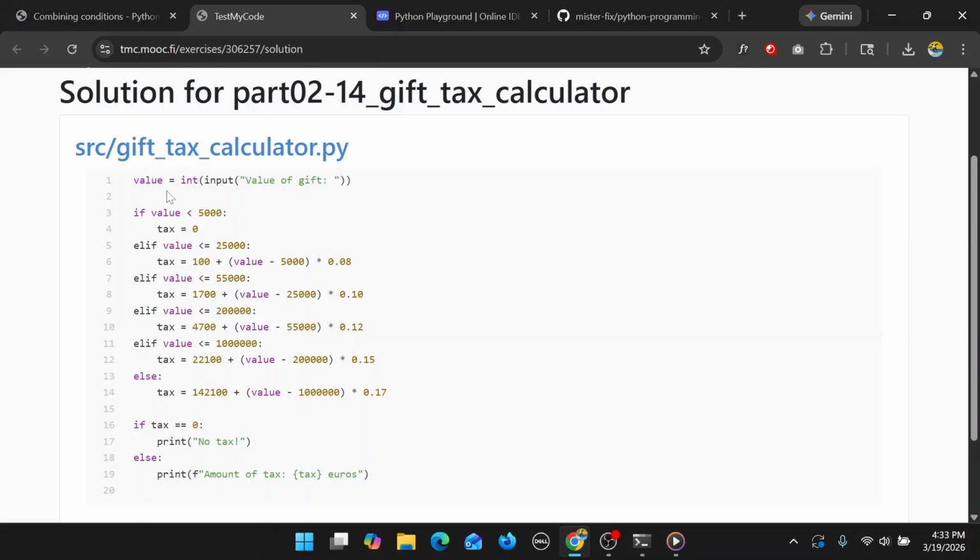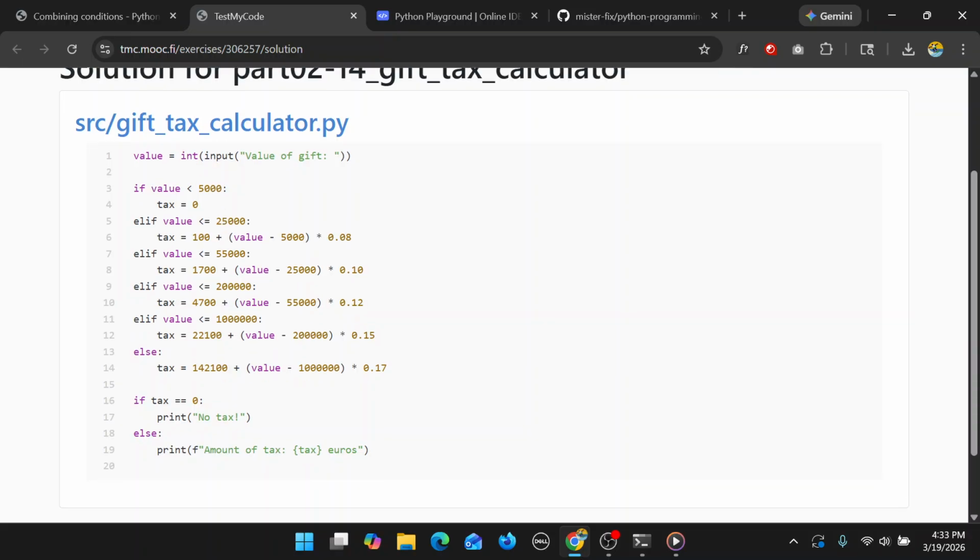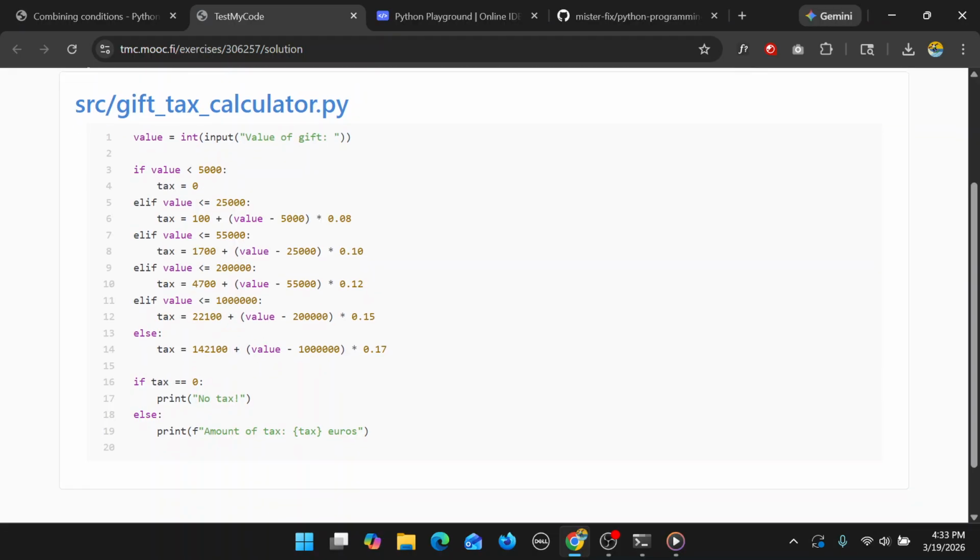So let's check what the model solution is. Right, so here they have a variable called value. We set it equal to gift, but they set it to value. Then they have here, if value is less than 5,000, then tax is equal to 0. Otherwise, they check if it's less than 25,000, then they calculate the tax, and if it's less than 55,000.